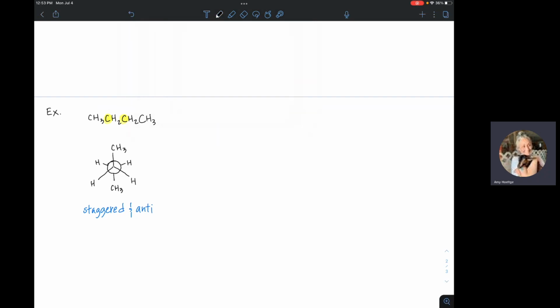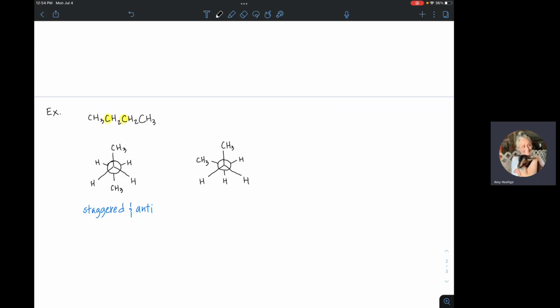I have another option where I could rotate around the single bond. So we're going to hold the front steady. We're going to rotate around the single bond, and we're going to put our methyl groups 60 degrees apart instead of 180.